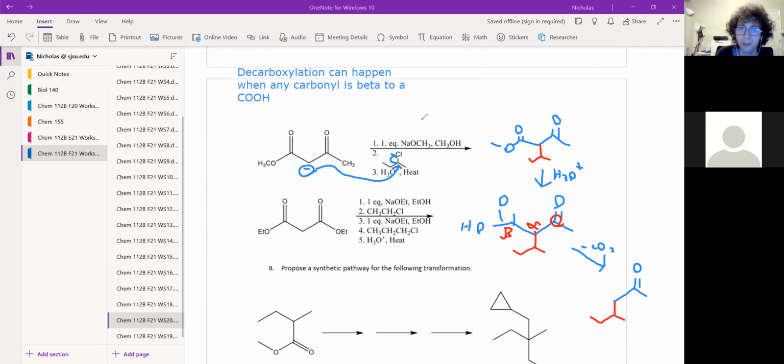And this is a little different from malonic ester synthesis. This is called acetoacetic ester synthesis, or AE. And you should know these names. And just like malonic ester gave a characteristic product, this will too. This part circled in blue is acetone.